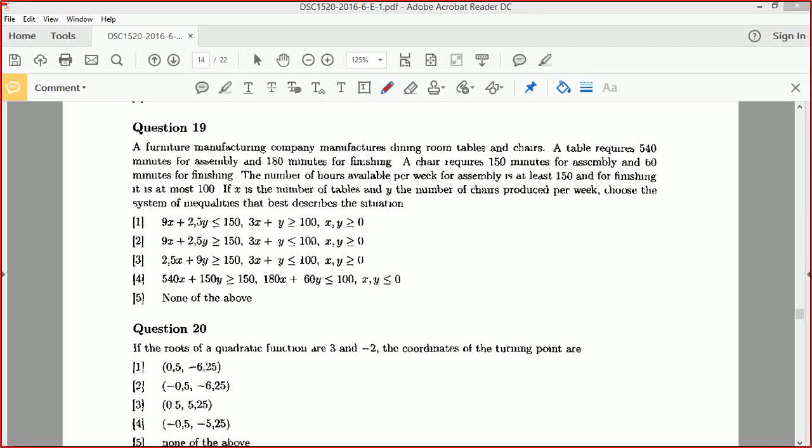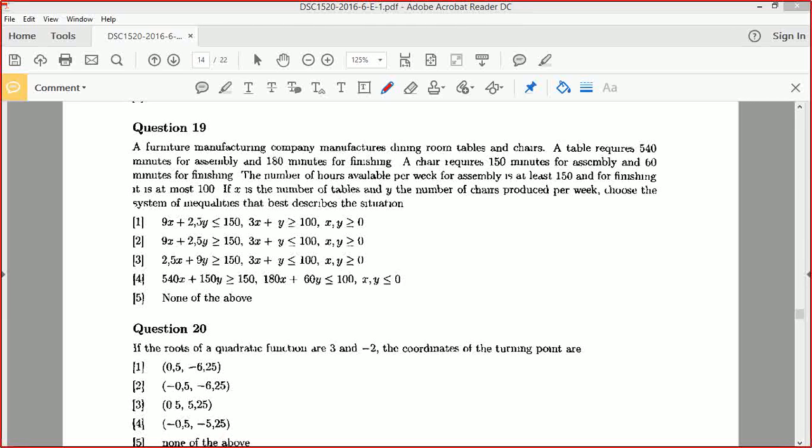So, furniture manufacturers, dining room tables and chairs. A table requires 540 minutes for assembly and 180 minutes for finishing. So that's table, so it's A. Then B requires 150 minutes for assembling and 60 minutes to finish.